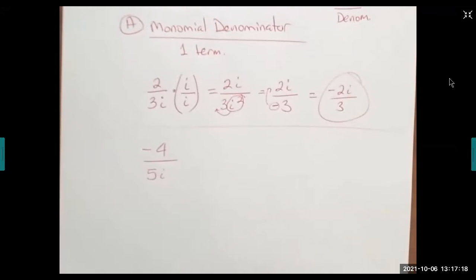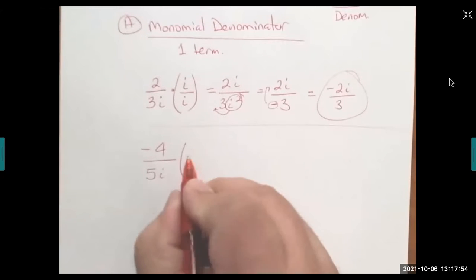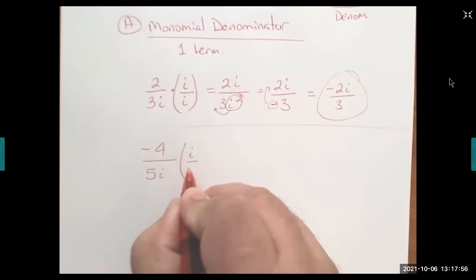Okay, do that one. So what do we multiply by? i over i.